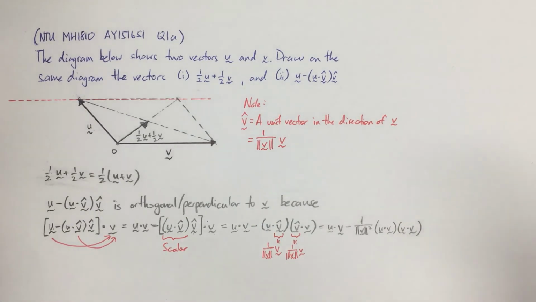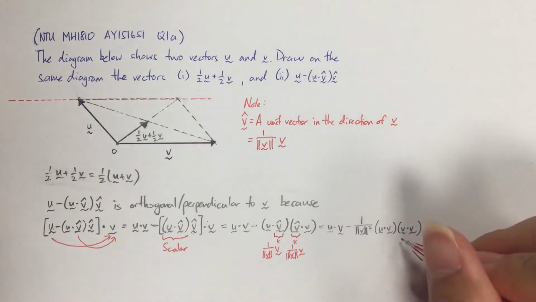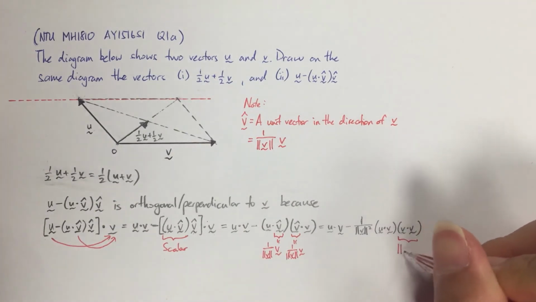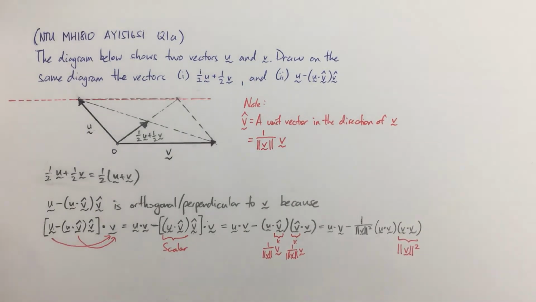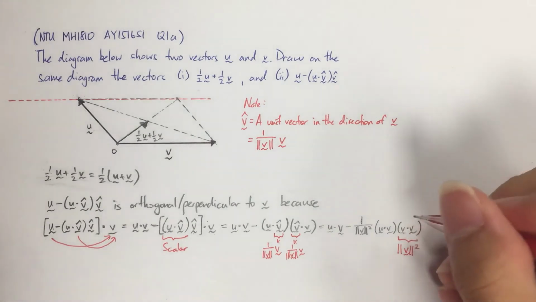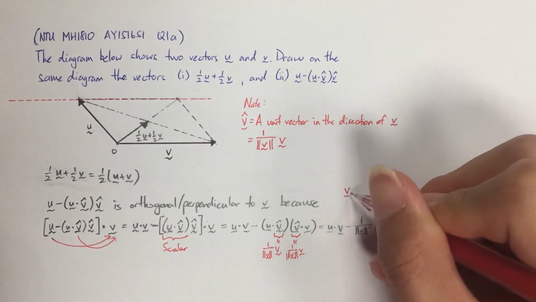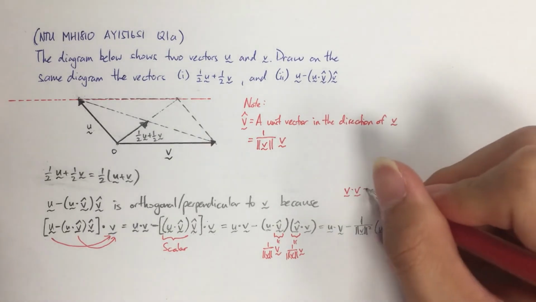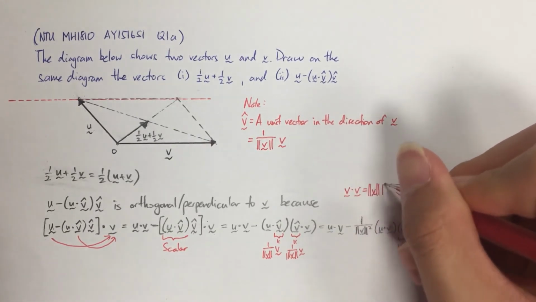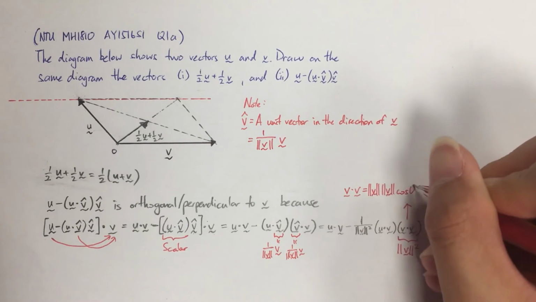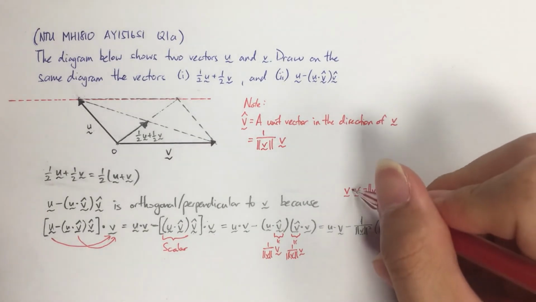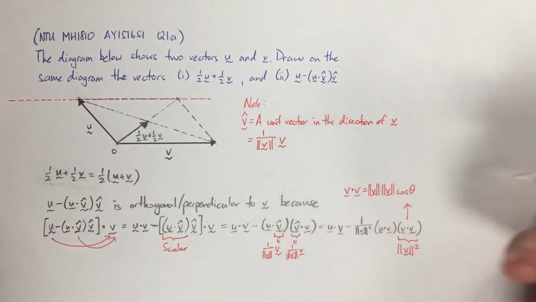And what we can see now is that v dot v is actually the length of v squared. This is just a theorem from the lecture notes, but if you don't believe me, you can always note that v dot v, by the definition of dot product, is length of v times length of v times cosine theta, where theta is the angle between the two vectors.